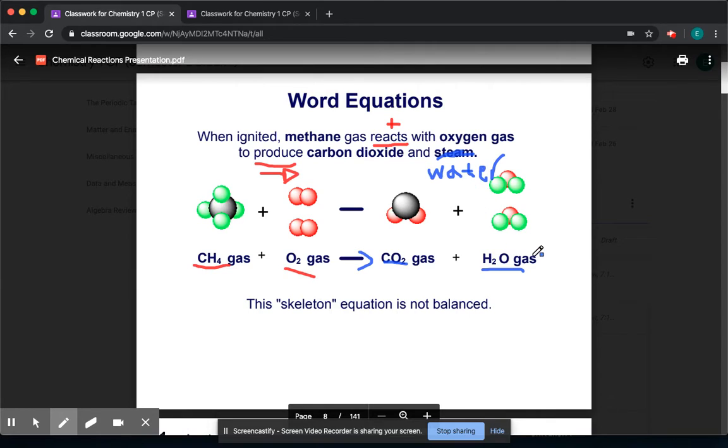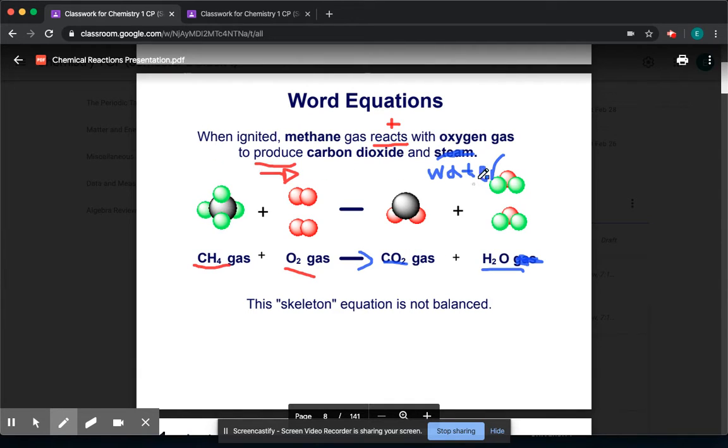If it's in solid form, you would put S. If it's in liquid form, you put L. If it's in steam or gas form, you put gas. But if the sentence just says water, it doesn't tell you which one you have. So it's not always possible to note what each thing is. Carbon dioxide, we know it exists as a gas most of the time.